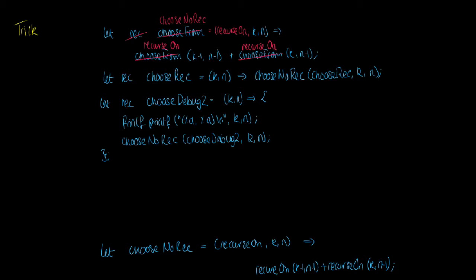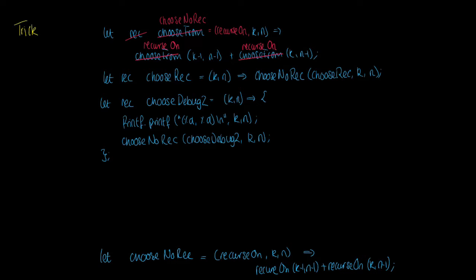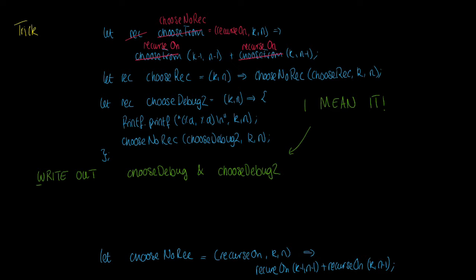Now to truly understand what's going on here, we have to use technique number 3 of writing out the expression, expanding it, and then looking at what happens. Pause the video and try it for both the functions, choose_debug and choose_debug2. I really mean that, so please pause the video, write or type out those two functions, and see how they expand for a particular argument, say 2, 3.